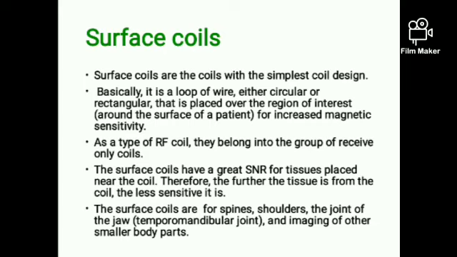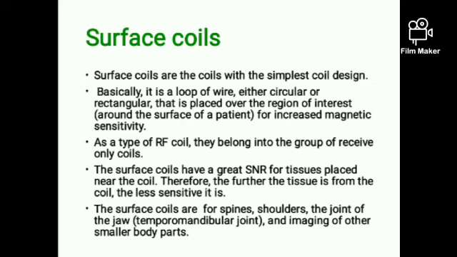So these coils are basically a circular ring of wire or rectangular shape, and these coils are mainly placed near to the region of the body, whereas volume coils are not placed in direct contact to the body, whereas surface coils you can place in contact to the body. These coils have increased magnetic sensitivity, and these coils belong to a type of receiver coil only, they will receive signal, they cannot transmit the signals.